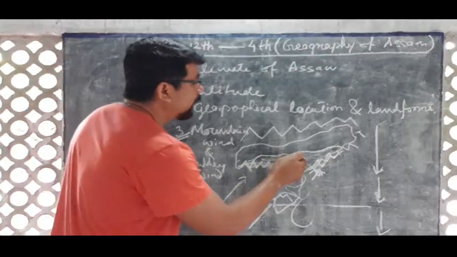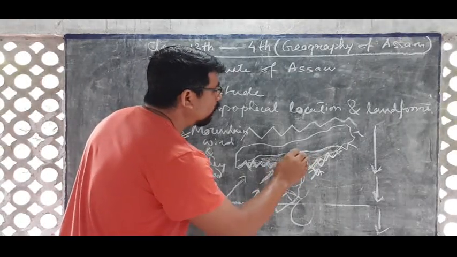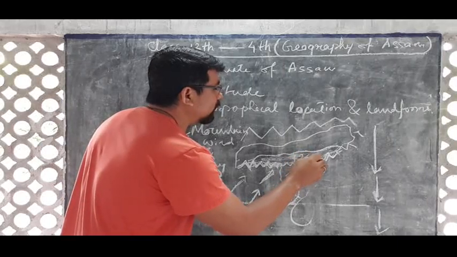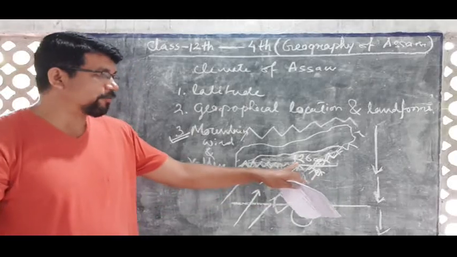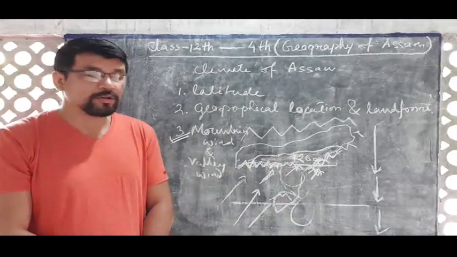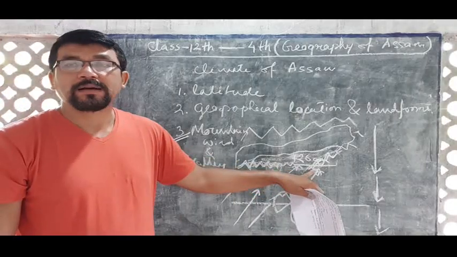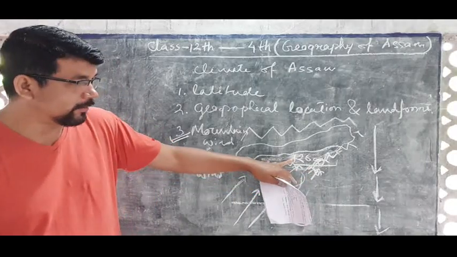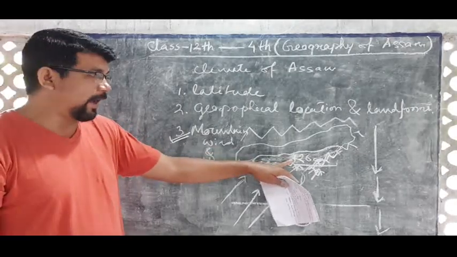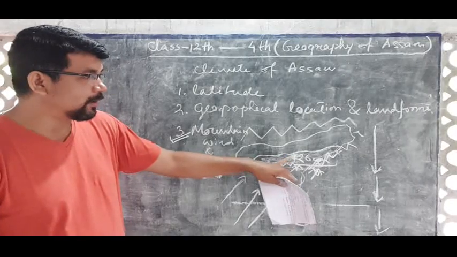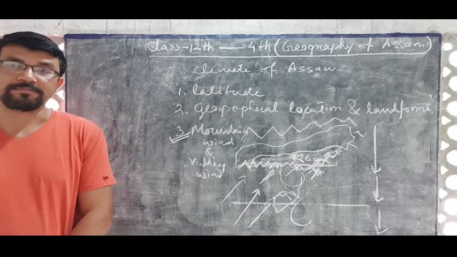The annual rainfall is only 126 centimeters. Due to the presence of the Khasi-Jaintia, Barail, Naga and Manipur hills, the region is a rain shadow area, and due to lack of rainfall, the region is somewhat drier than the other regions of Assam.